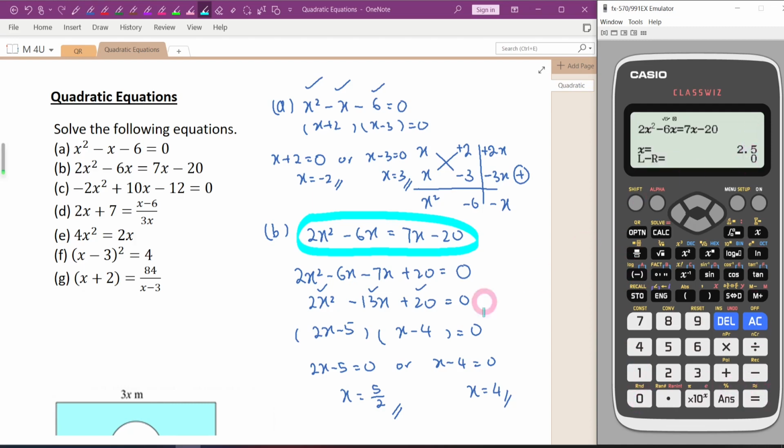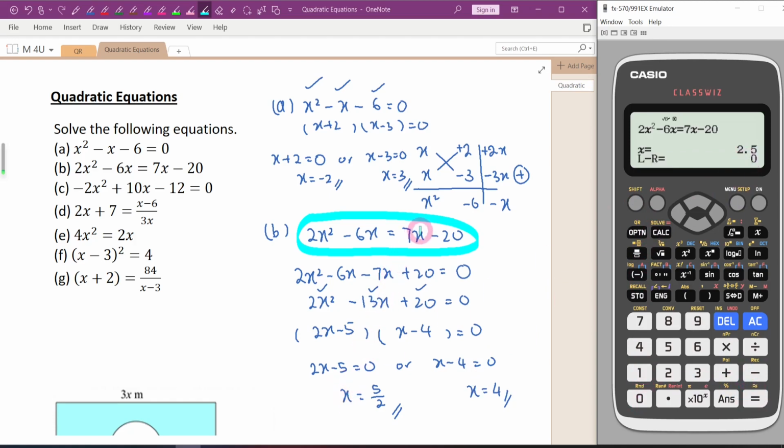I get another answer, which is 2.5. Not necessarily do you need to key in negative 1000 or 1000. Let me show you another number. I use 100. I get this one. Then solve again. This time I key in negative 100. I get another answer, which is 2.5.